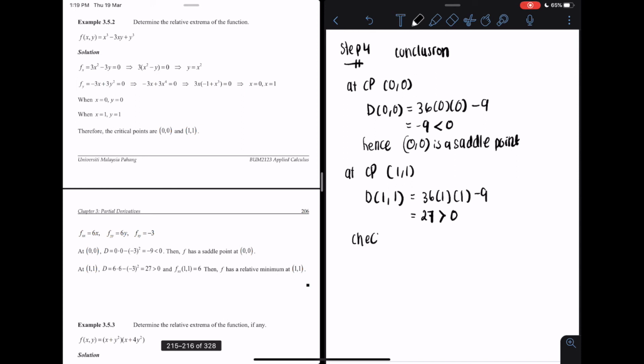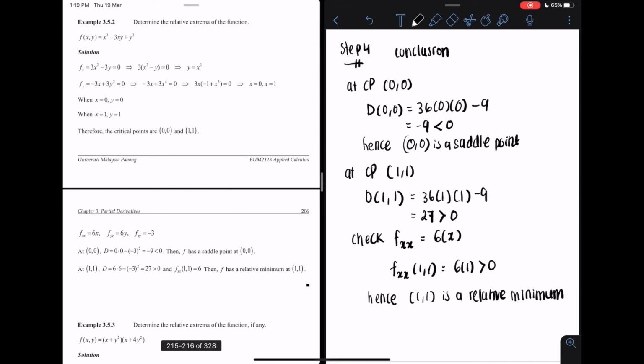Check fxx. fxx equal to 6x. fxx(1,1) equal to 6 times 1, larger than 0. Hence (1, 1) is the relative minimum. So this is how you write down the conclusion.